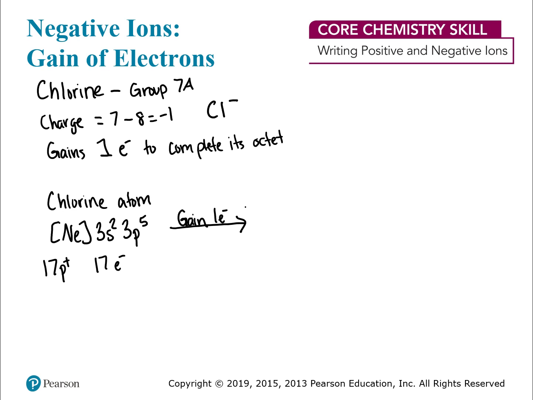When it gains 1 electron, we're going to name it now. You take that first syllable, which is the chlor, and add IDE followed by the word ion. So it is the chloride ion.